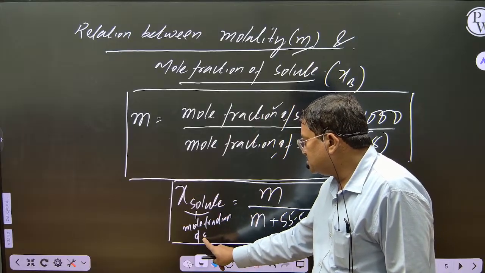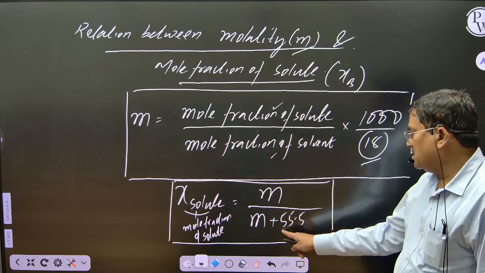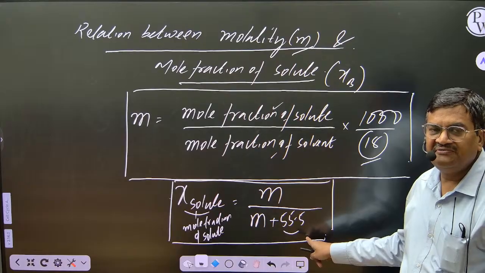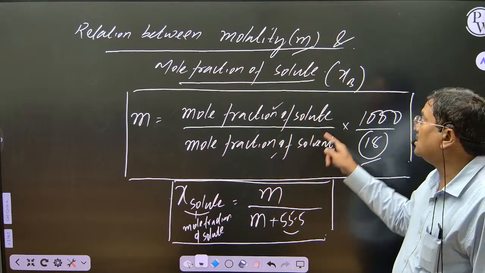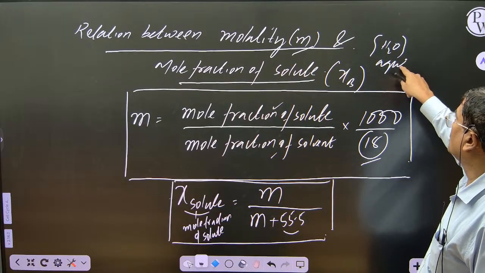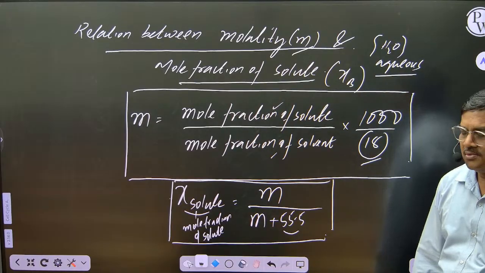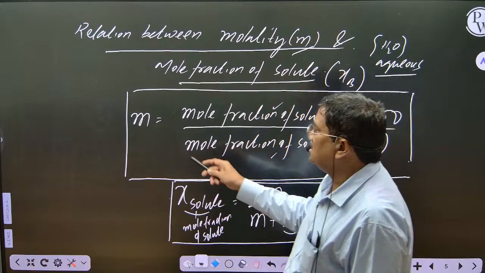Small m is molality. And how did I get this 55.5? 1000 upon 18, on simplification you get 55.5, provided it is only what? Water. What is water? Aqueous medium. Copied, all of you? So these two relations you can apply.